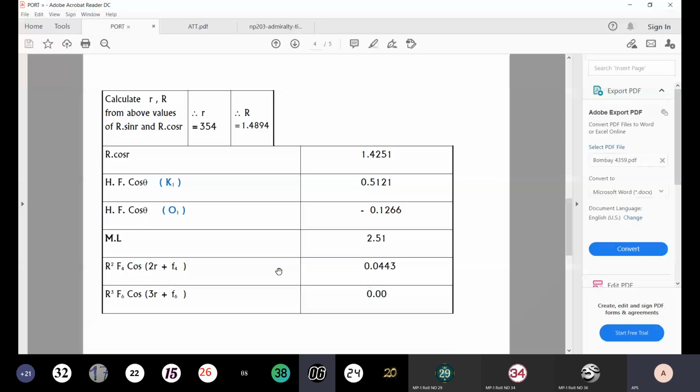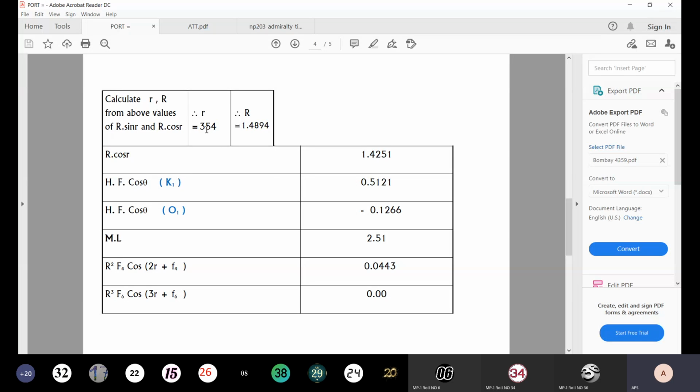So small r is coming about minus 6.02. Okay. So we convert it to 360 minus. Correct. Just add 360 to it and it becomes a positive value. Understood. Later on, I'll tell you the rules also. Next session, I'll tell you how we have to get the actual value of small r.